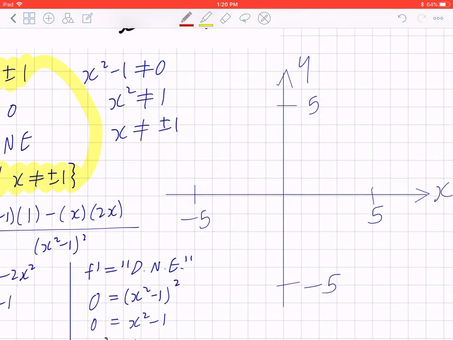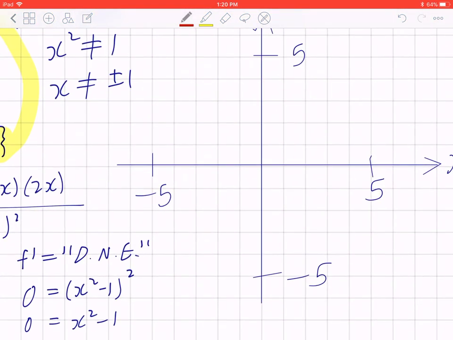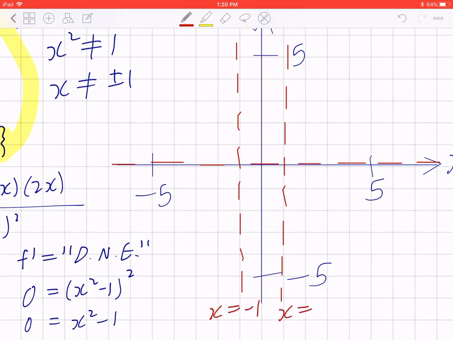I did mention always graph as you go. Let's demonstrate that. In the first part, when we found the asymptotes, I forgot to label them immediately. Let's go back and make some adjustments: x = −1, x = 1, y = 0.